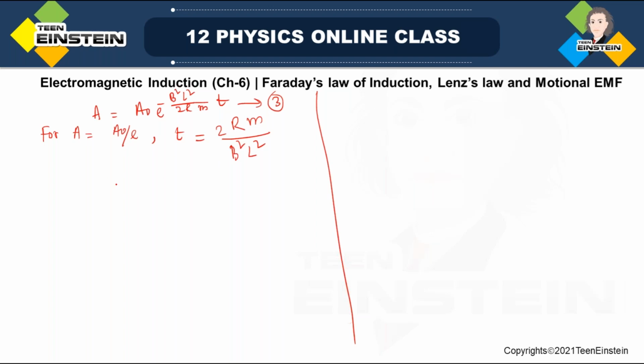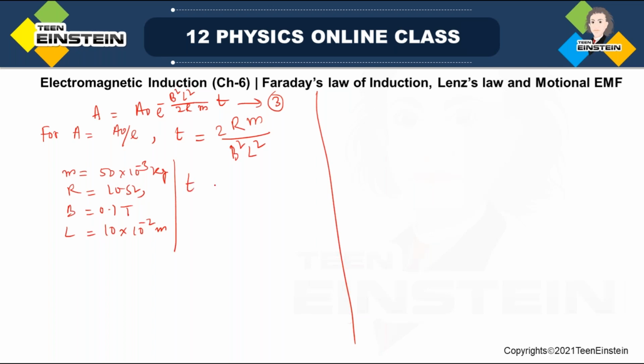Okay. Now we have all the values here. See, m of the strip is given as 50 gram, that means you can write this in kg. R is given as 10 ohm. B is given as 0.1 Tesla, and L is given as 10 centimeter, that means 10 into 10 to the power minus 2 meter.